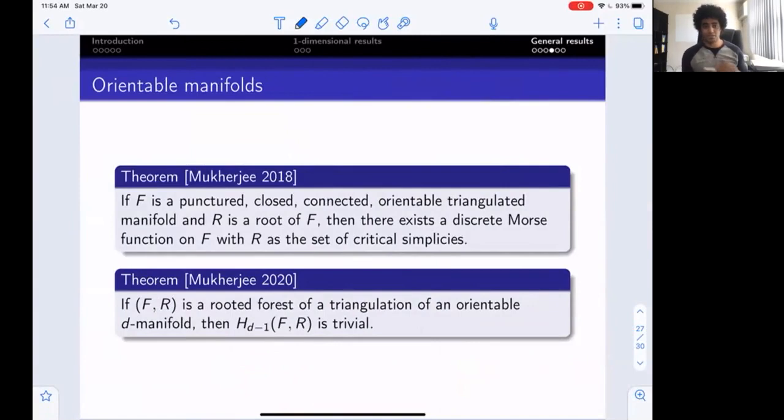He was studying the homotopy type of these rooted forests, using a lot of discrete Morse theory. He showed that if you have a triangulation of an orientable D manifold, then first of all, there exist discrete Morse functions, so there exist gradients. And secondly, this homological term is trivial, which we really needed.